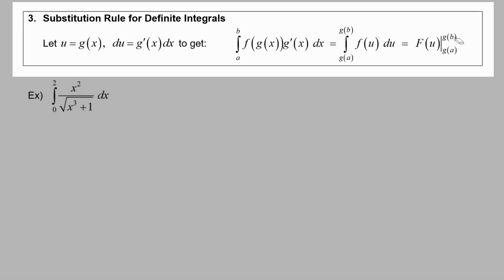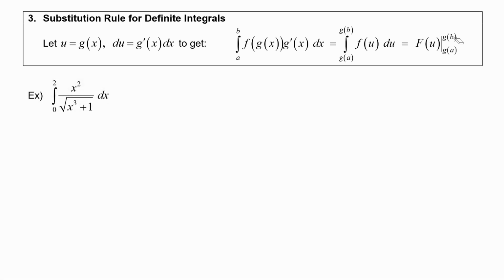So let's take a look at an example to see how this works. Here we have the integral from 0 to 2 of x squared over the square root of quantity x cubed plus 1 dx.